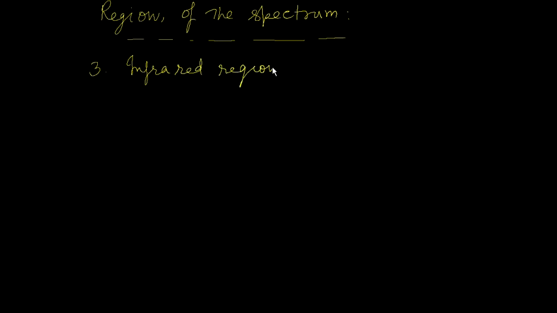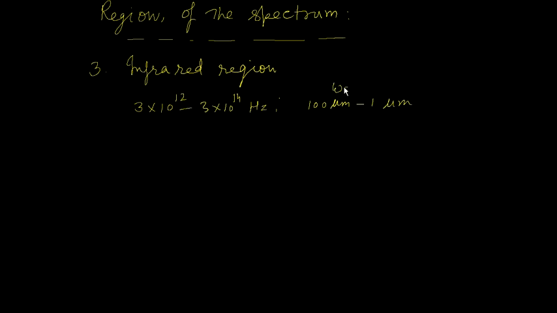The third region is known as the infrared region, and the frequency range of the infrared region lies from 3 into 10 raised power 12 to 3 into 10 raised power 14 hertz, and the wavelength is 100 micrometer to 1 micrometer.